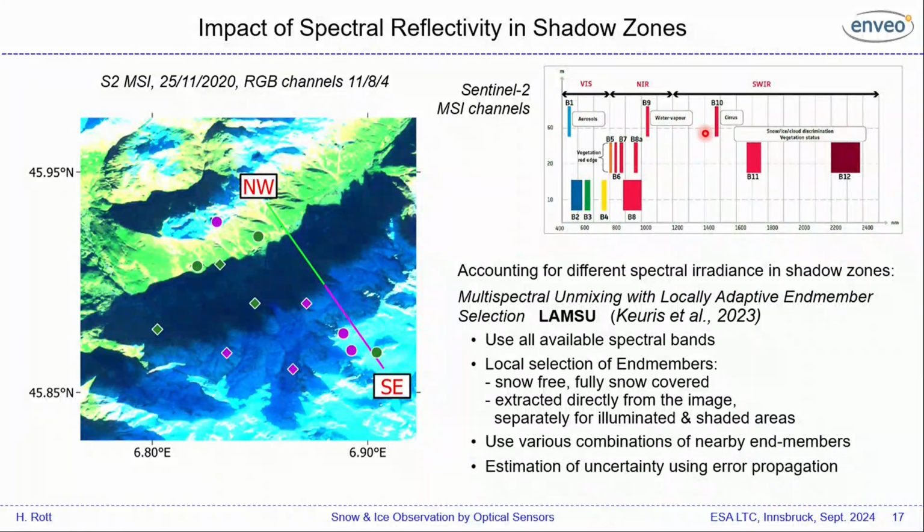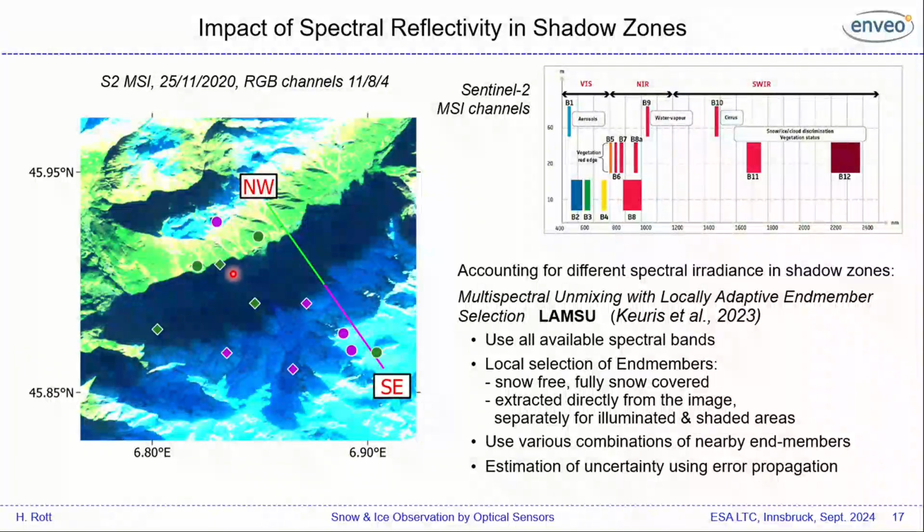These are the Sentinel channels. This is a false color representation of channel 11 at 1.7 micrometer, then 8 at 950 nanometer, and channel 4 at 750, 700 nanometer.